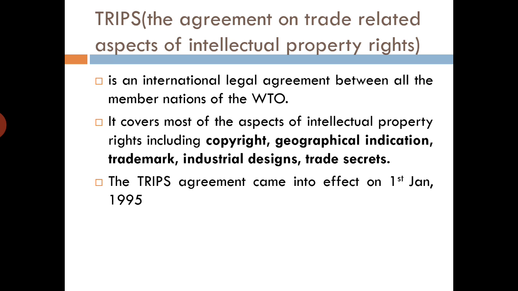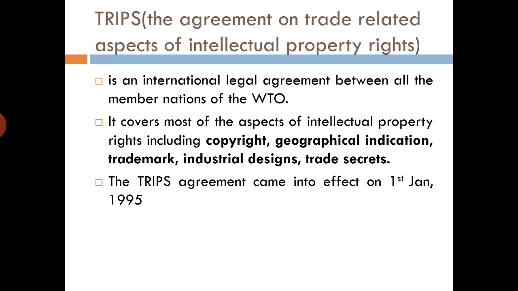That means it cannot choose that the country will sign this agreement and not another agreement. It has to agree to all the agreements. So there are various kinds of WTO agreements. We have a long list, but the main agreements are TRIPS, TRIMS and GATS. I am going to discuss these agreements one by one in a series of videos.